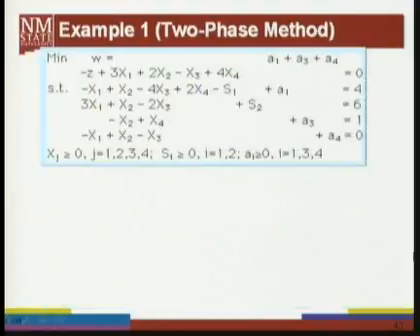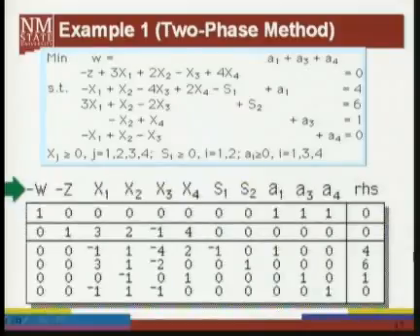Okay, then now we add the phase 1 row with negative W and artificial variables A1, A3, A4 to the initial table, like that.